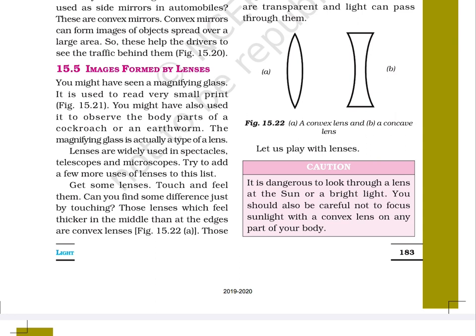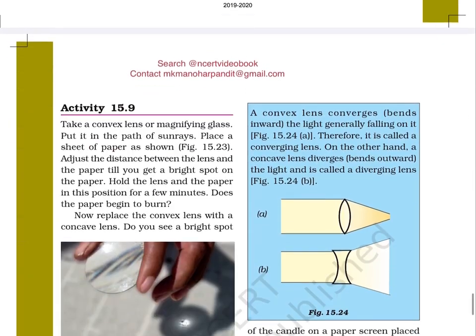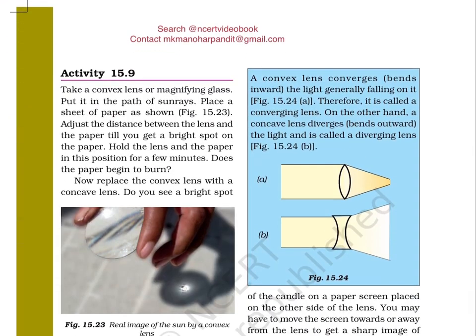Page 184. Activity 15.9. Take a convex lens or magnifying glass. Put it in the path of sun rays. Place a sheet of paper as you can observe in Figure 15.23. Adjust the distance between the lens and the paper till you get a bright spot on the paper.